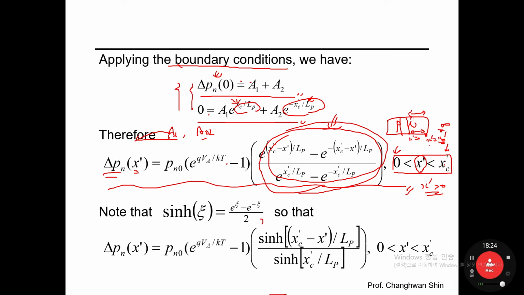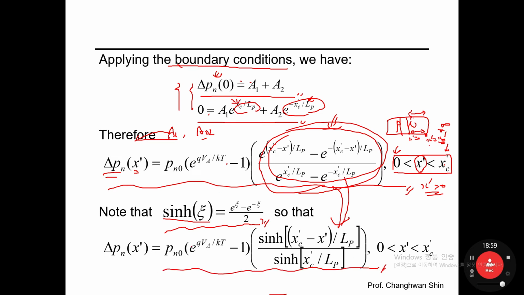So to make our life much easier, we can take advantage of using a hyperbolic sine. Hyperbolic sine is defined as exponential x minus exponential minus x divided by 2. And the hyperbolic cosine is defined as exponential x plus exponential minus x divided by 2. You can convert the equation above into the equation below.